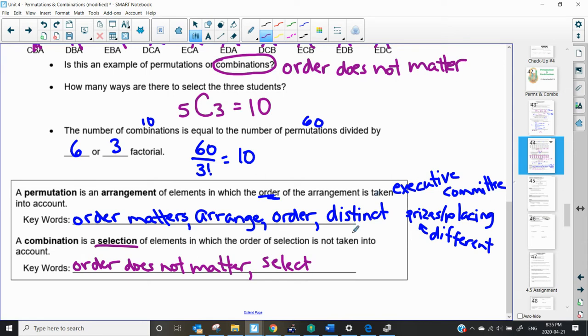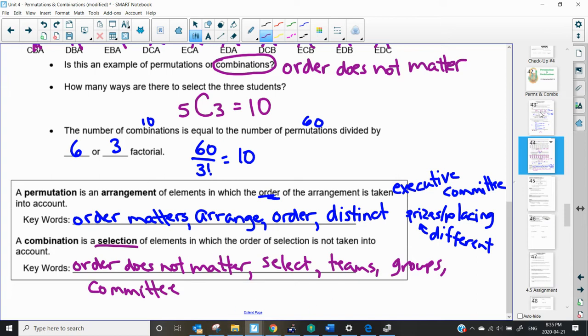You might also see questions related to teams or groups or classes. Often you'll see questions about committees or subcommittees. Notice there's a difference between a committee and an executive committee. With a committee, it's all equal membership. With an executive committee, there's different responsibilities. So those would be some of the main words or keywords that you're going to look for.